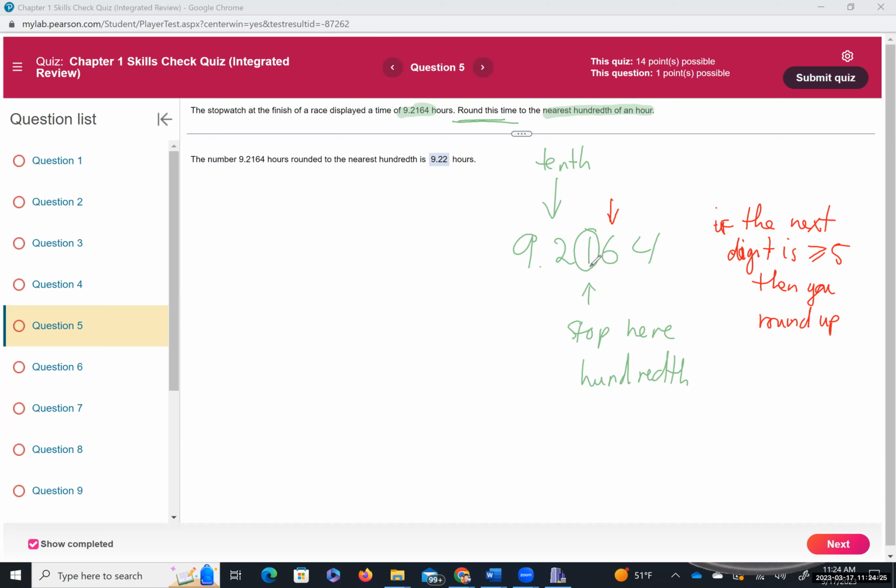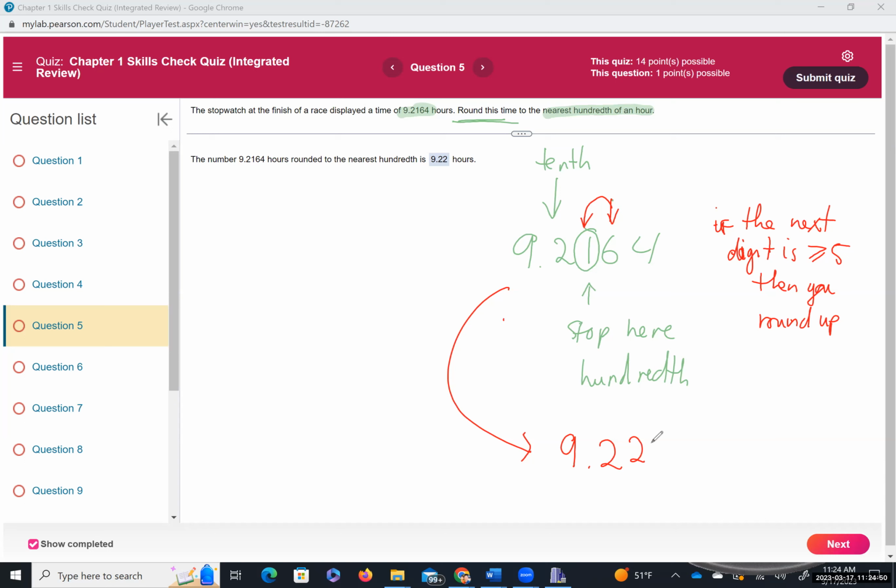So what that means is you round this number 1 to be 9.22. 9.22.